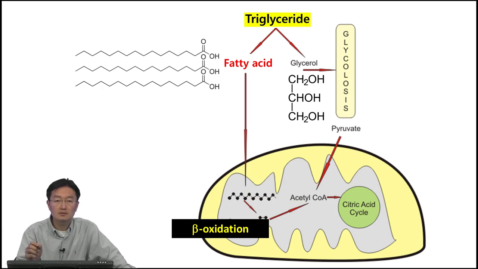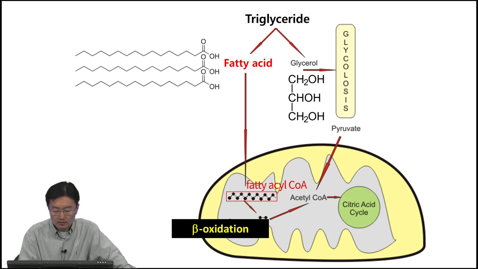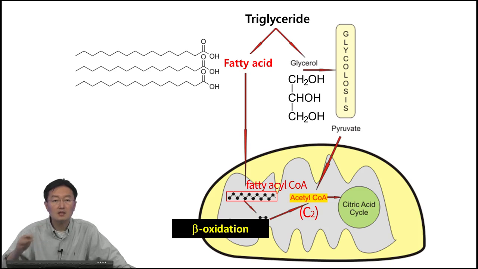So this is the summary cartoon. Triacylglycerol supplies fatty acid, and this fatty acid gets into the mitochondria, and fatty acyl-CoA goes through beta oxidation, 2 carbons per cycle. Acetyl-CoA can be continuously produced, and NADH and FADH2, those reduced electron carriers, can be produced.